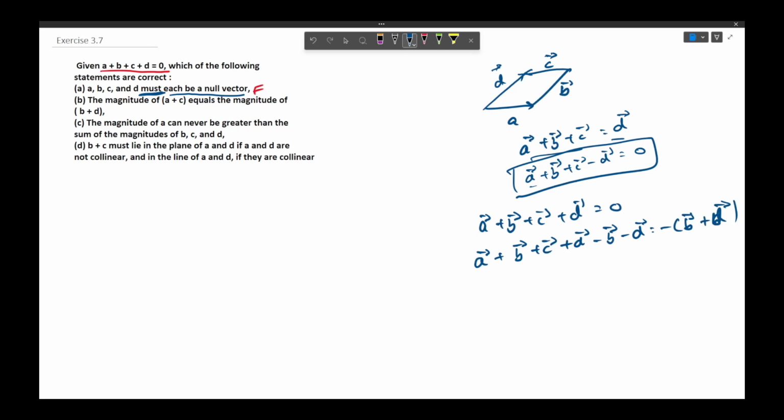Now we see here that vector B and minus vector B are there, so they will result in a null vector. Vector D and minus vector D are there, so they will result in a null vector again.